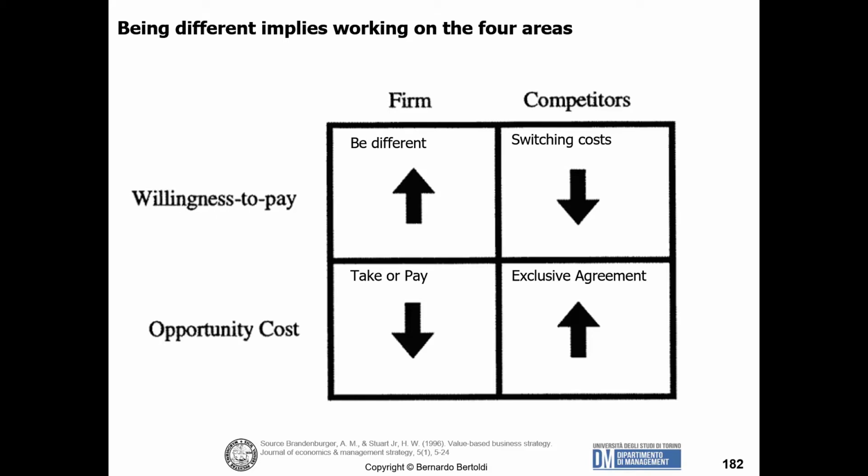So the first point is, let's say, very simple, very easy. If you are a firm, you want to increase your willingness to pay: be different, differentiated. This is, let's say, Porter 1.0. But on the other side, on the right, there is a way of lowering the willingness to pay for competitors' products.